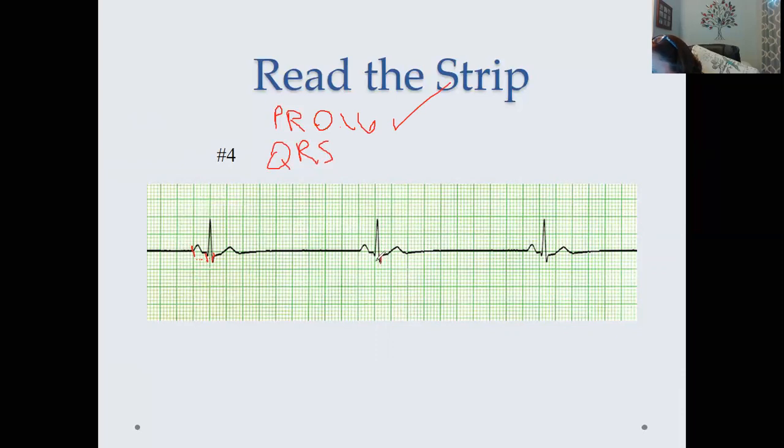It's the same over here, 1, 2 boxes. So our QRS is going to be 0.08. Normal is less than or equal to 0.12, so that is good to go. That is a yes, so that is still normal.